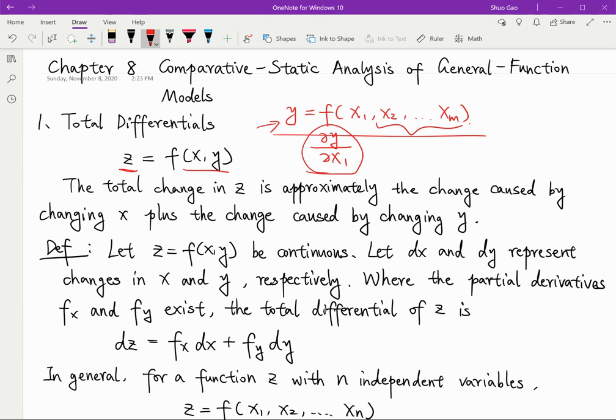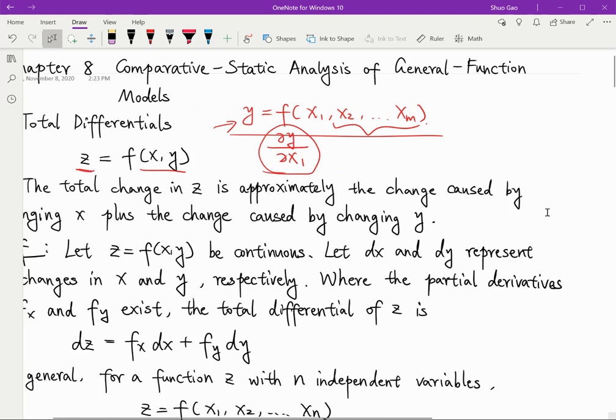But this is only partial. We just look at the partial effect of changing only one variable. For total differentials, it's called total because we want to find out the total change if all the variables change by a little bit. What's the change of z, or the change of y, the dependent variable?